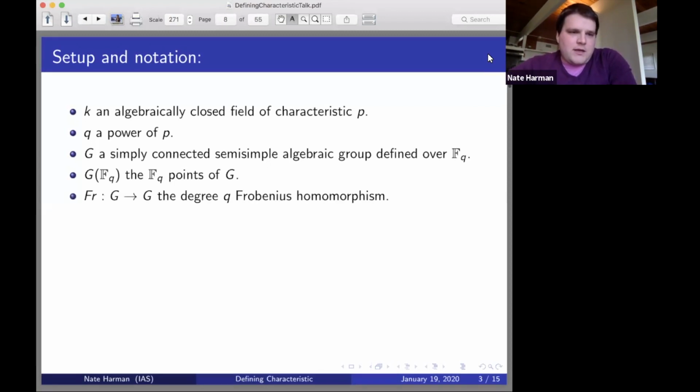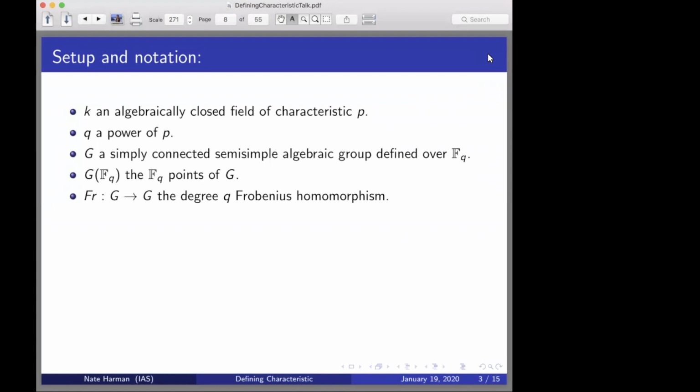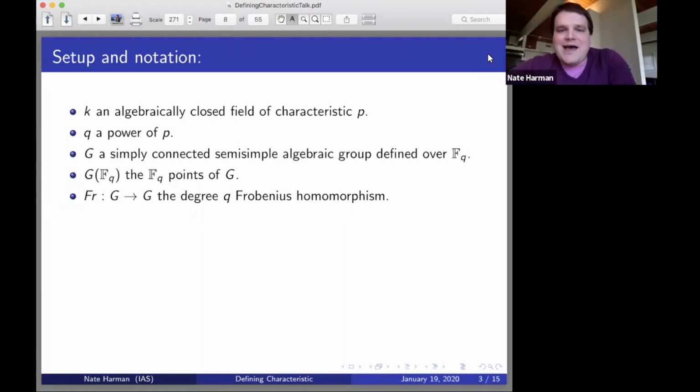Great. Nate, do you also take the non-split one? I mean the twisted one for the GFQ? For now, let's just think in the simplest setting. I will relax everything at some point in this talk.